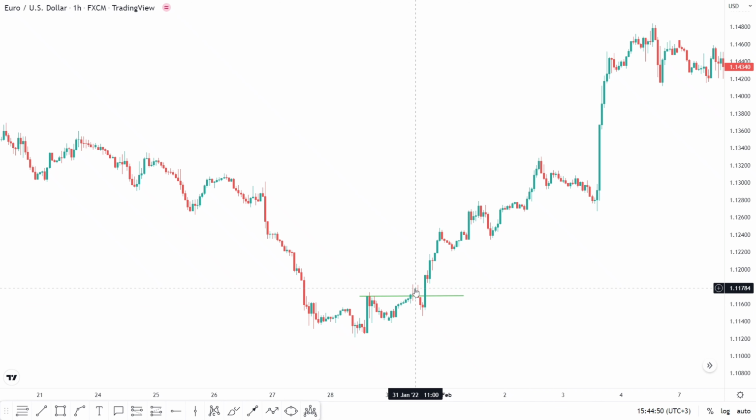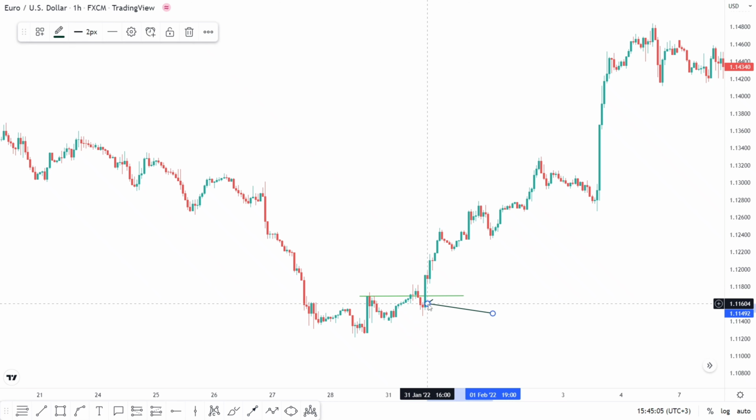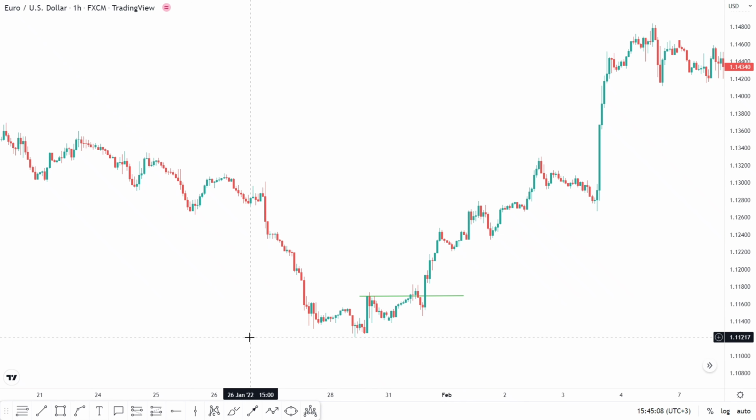So after the shoulder ending, we just want to mark the neckline. Then we got a price retest, and after getting a retest, we also had a bullish engulfing here, which confirms to us that buyers are indeed strong and in control of price.